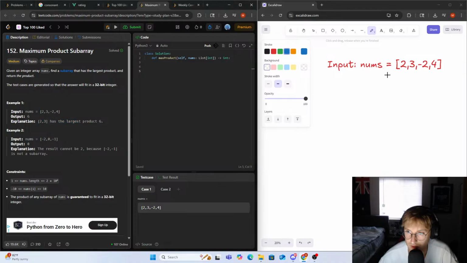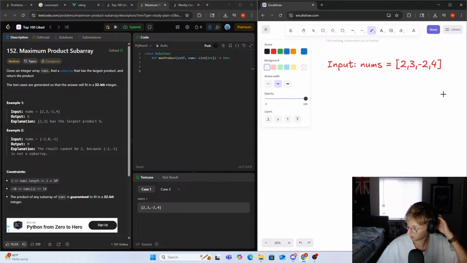In this case, 2, 3 has the largest product, because we go 2, 3, 6, then negative 2 makes it negative 12. Then we go back to 4, we jump to our next value, and so on. That's probably the way we want to go about it.